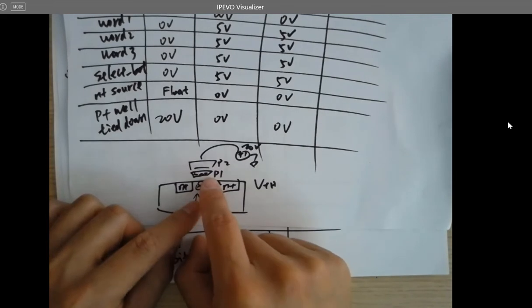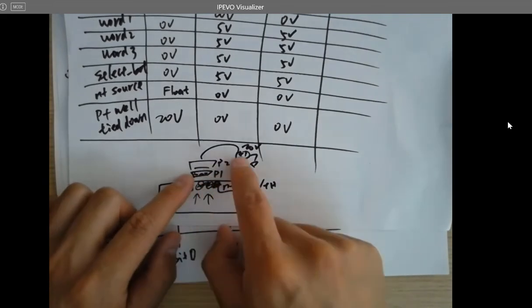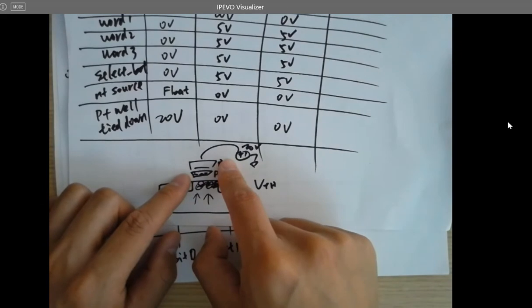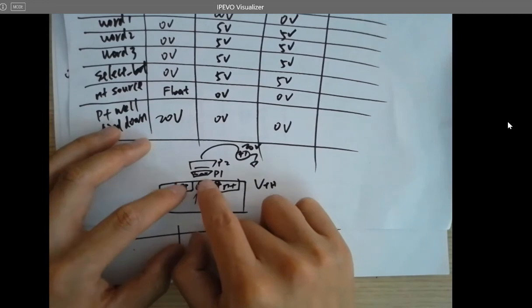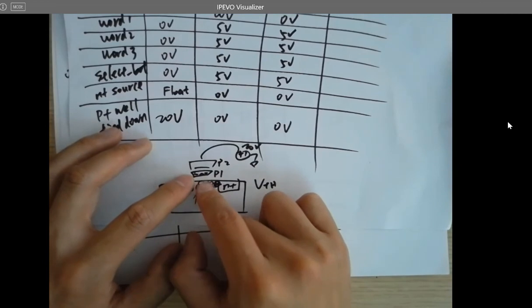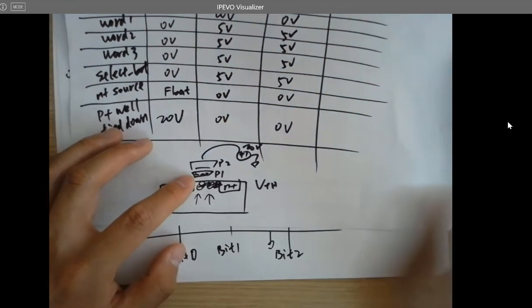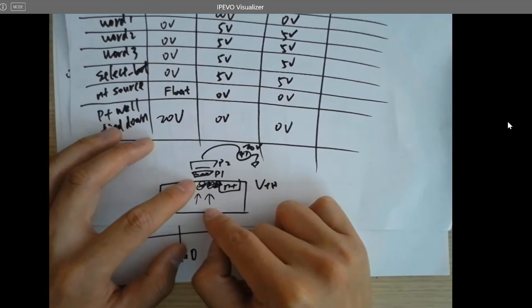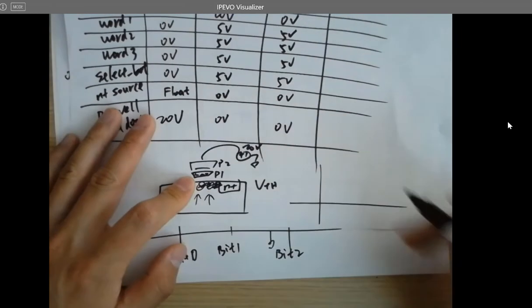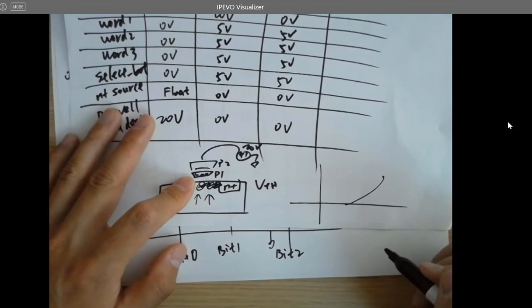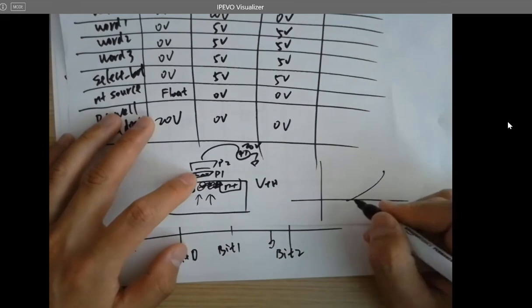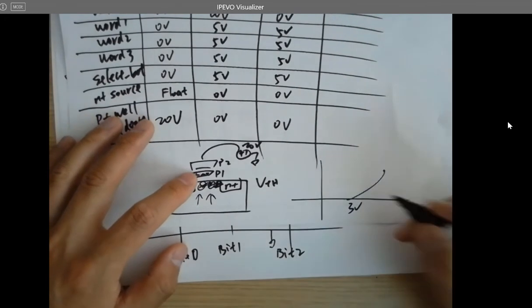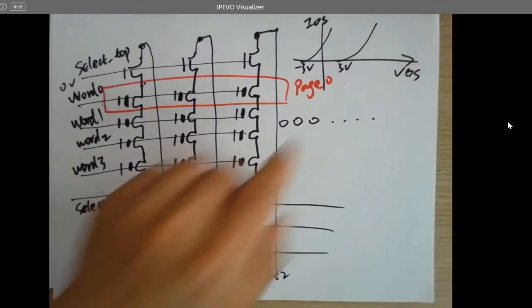P1 is not doing the same effort as the positive voltage. Whenever you use this positive voltage to attract the electrons, this negative charge will expel electrons from the channel. So it's actually moving the threshold voltage further to here. It's moving the threshold voltage to here.